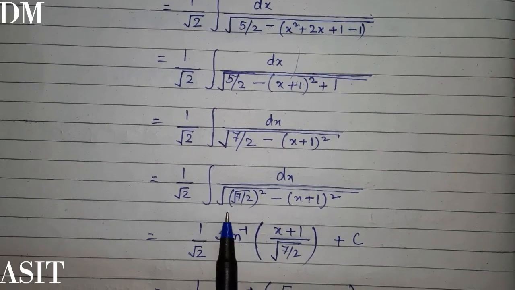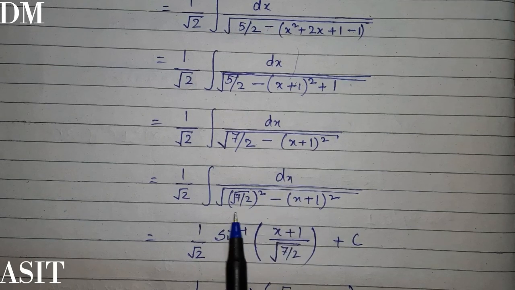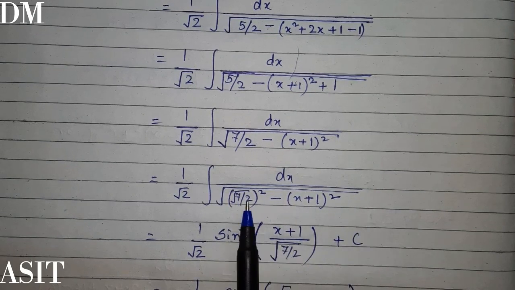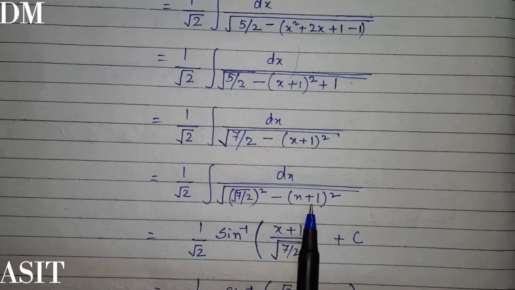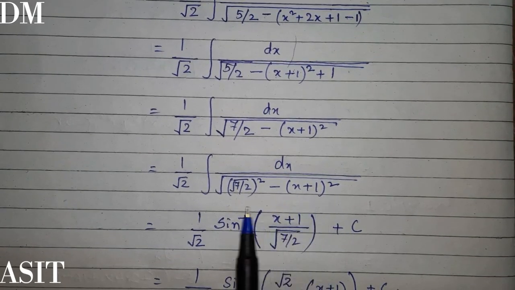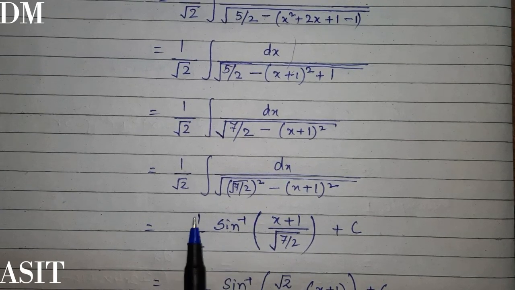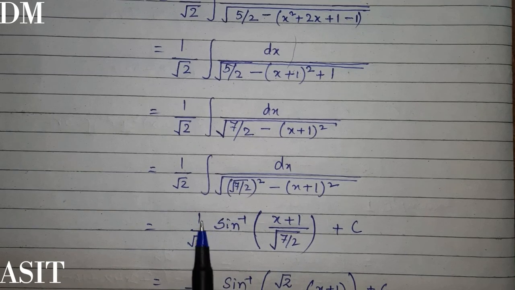So therefore we can write 1 by root 2 integration of dx by root over of a square minus x square form. So the formula of this is only sine inverse of x by a. There is no 1 by a. So that is why there is no 1 by a.